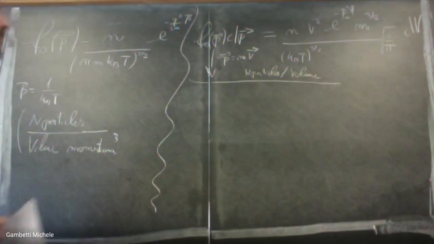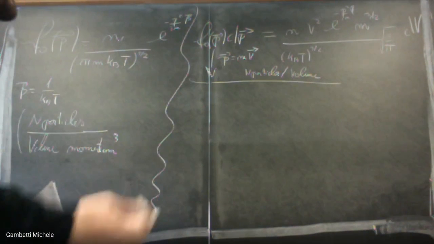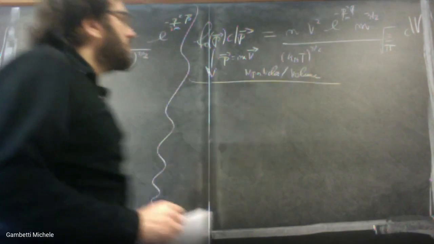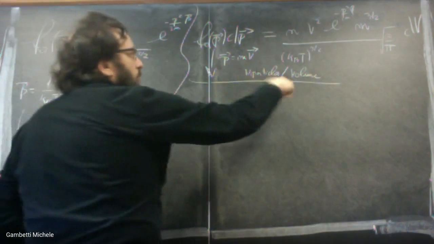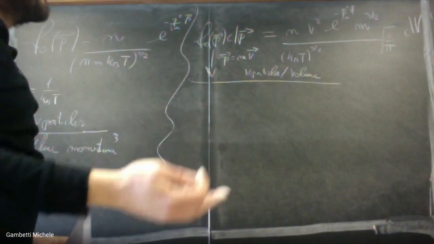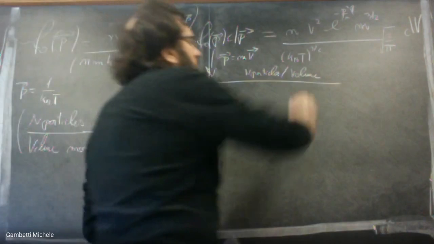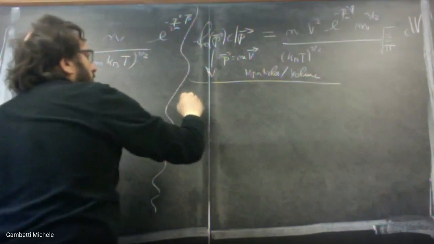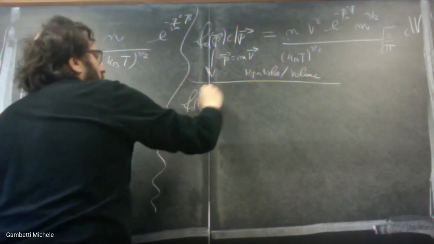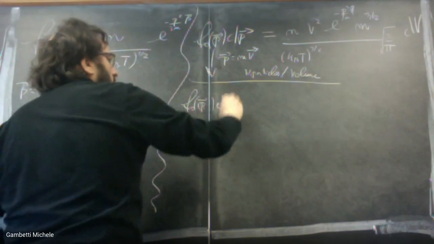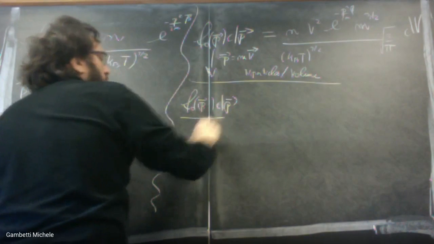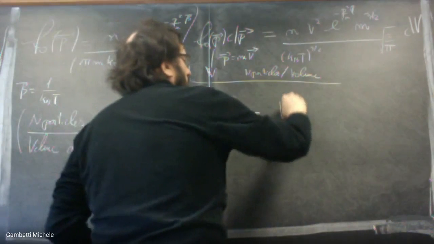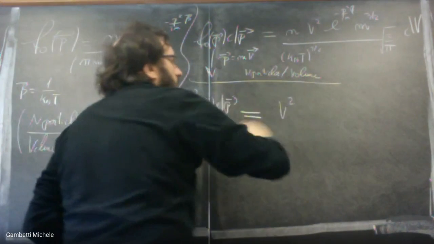And if I want the probability, so that now this quantity is proportional to the density of particles. So if I want the probability to have a particle with a velocity with modulus between v and v plus dv, I have to divide by n. So if I do f0 dp divided by n, which is the density of particles, then I have, okay, the same quantity just divided by this.